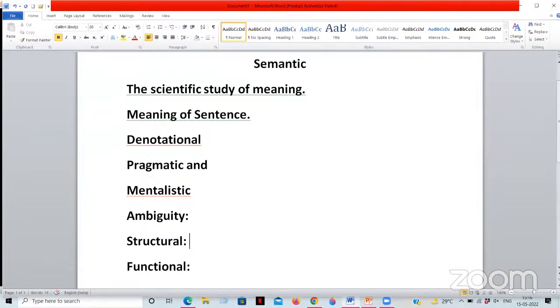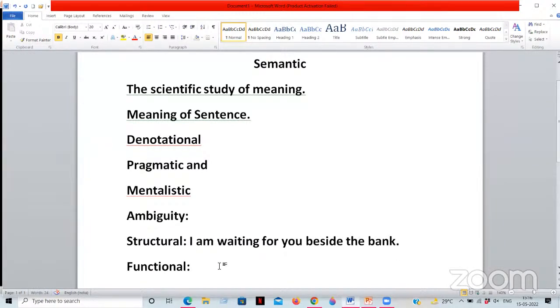Let me write here: I am on the way to the bank. See, this is one of the examples.